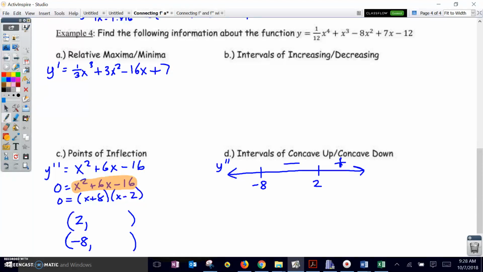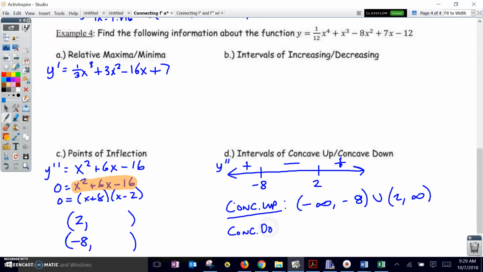And if I substitute -10 in for this last interval, that's positive there. So my intervals of concave up and concave down: it's going to be concave up for -infinity to -8 and 2 to infinity. It's going to be concave down for -8 to 2.